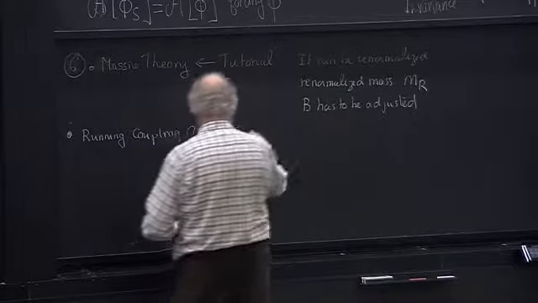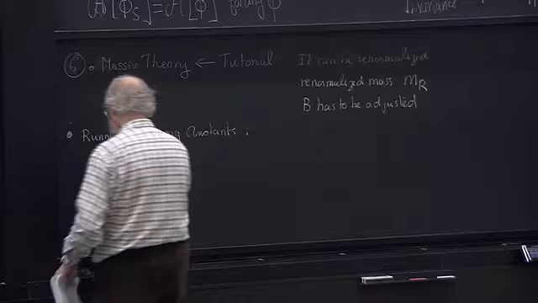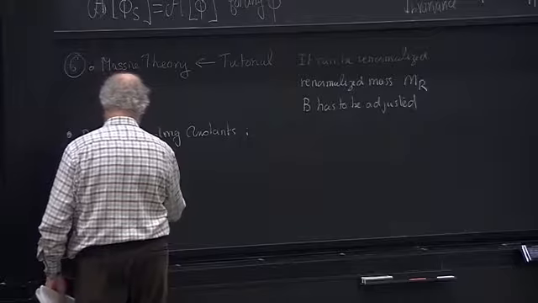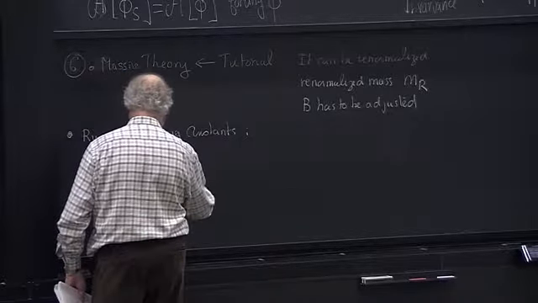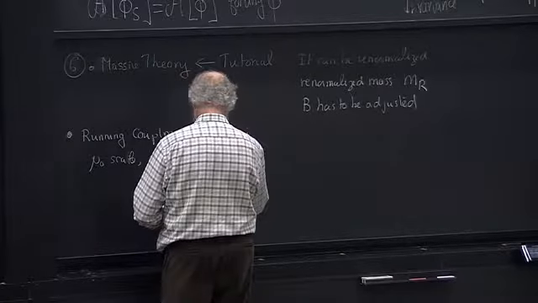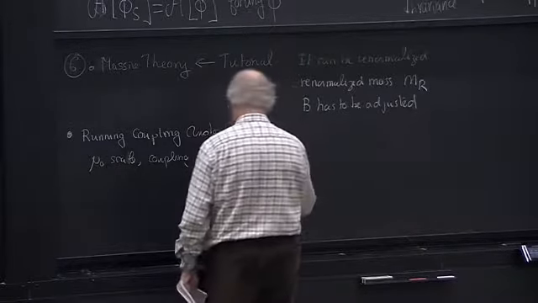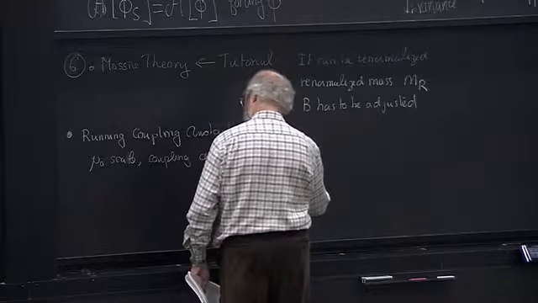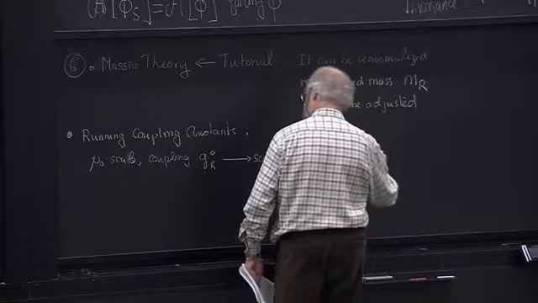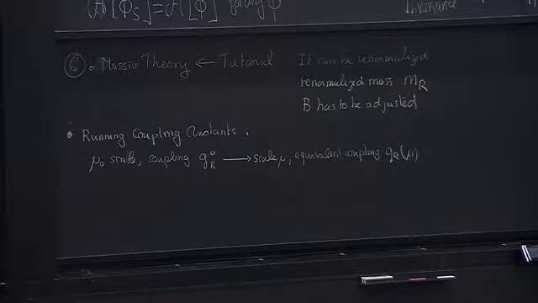We may compare under a scale transformation, or under a change of variables. If I start from a scale mu naught with a renormalized coupling g_R0, and I'm asking at scale mu, what is the equivalent coupling g_R of mu?